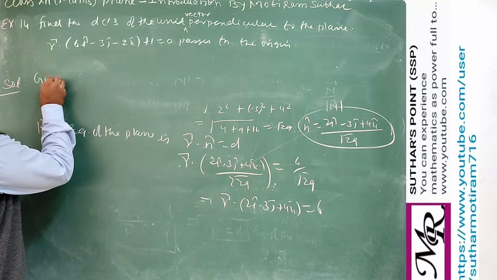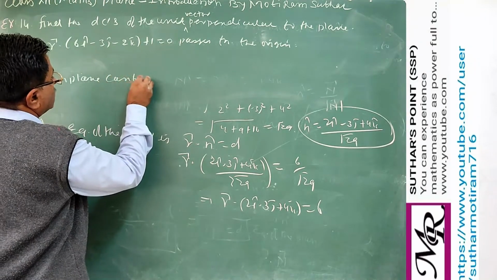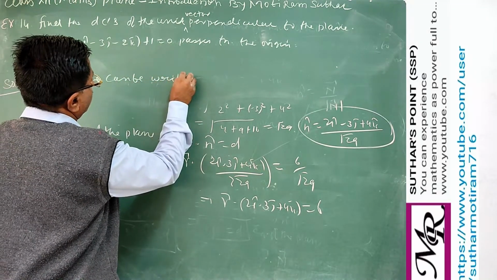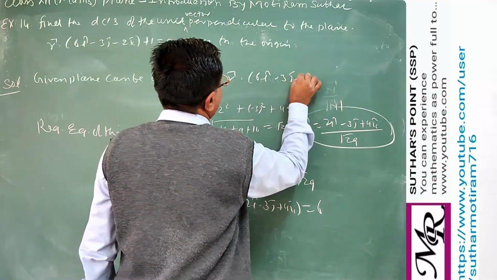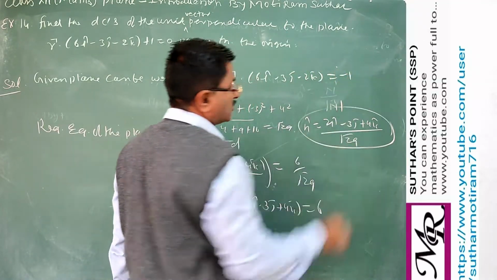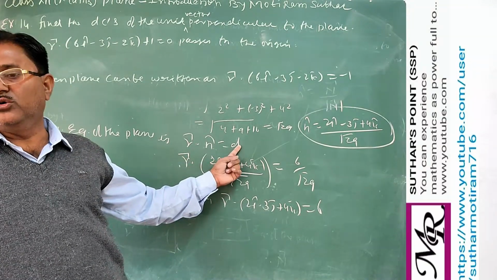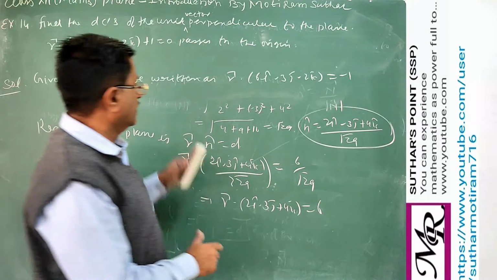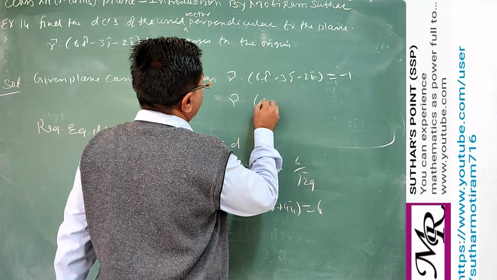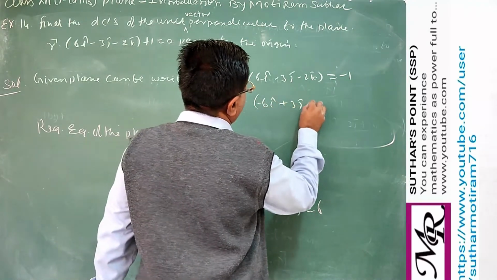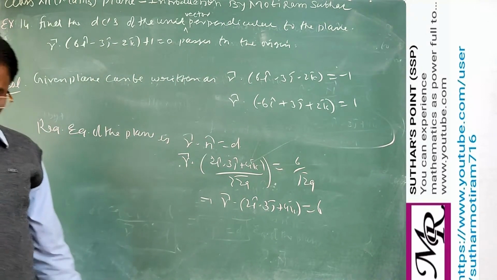So the given plane can be written as vector r dot 6i minus 3j minus 2k equals minus 1, because we try to write it in this form. But d should be positive, as it is a distance from the origin. So what we have to write? Vector r dot minus 6i plus 3j plus 2k equals 1, taking the minus sign on both sides.